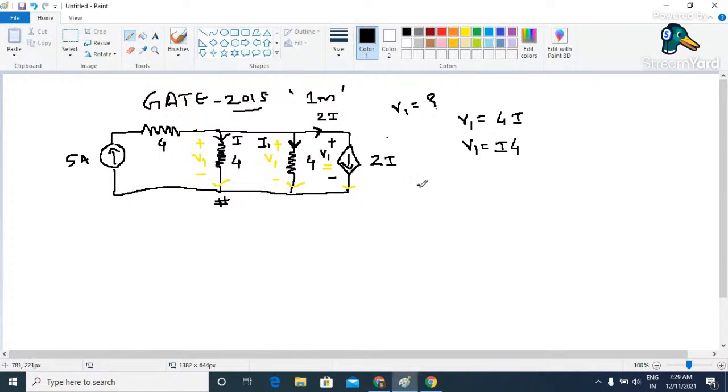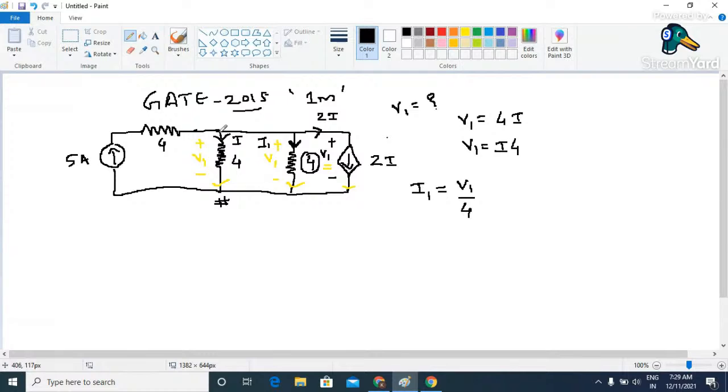So I can write I1 is simply V by R, where V is nothing but V1, because I am writing the equation of current flowing through this particular resistor. So we have to take the voltage across this resistor, and the voltage is V1 because all are connected in parallel, divided by the ohmic value of this resistor, and the ohmic value is 4. So we can write I1 as V1 by 4.